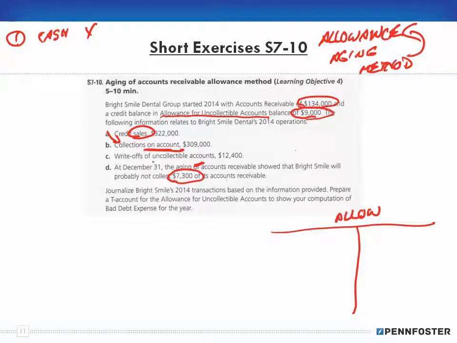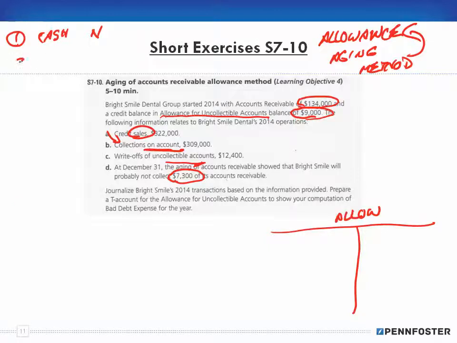Okay, C, write-off of uncollectible accounts of $12,400. So what does that mean? Number one, am I affecting cash? No, because I'm just not collecting cash.